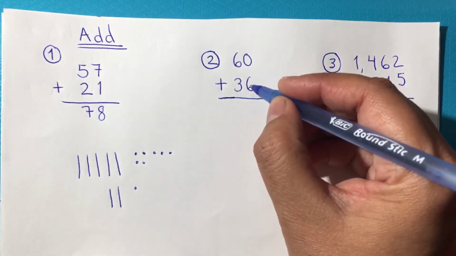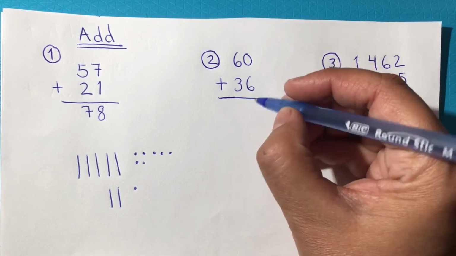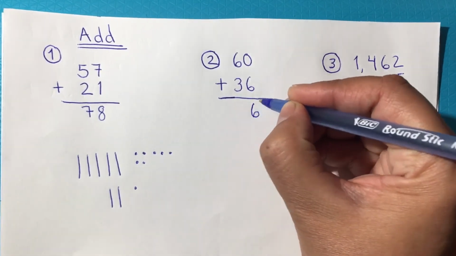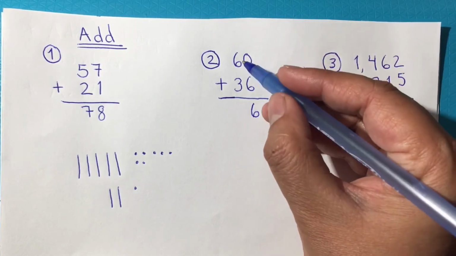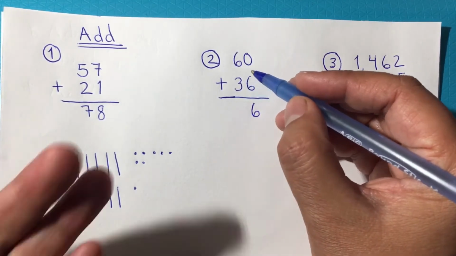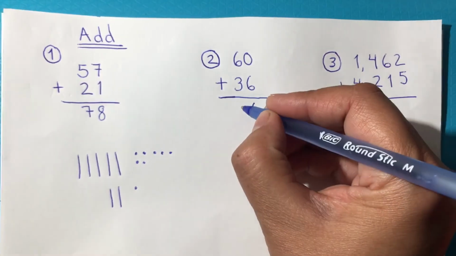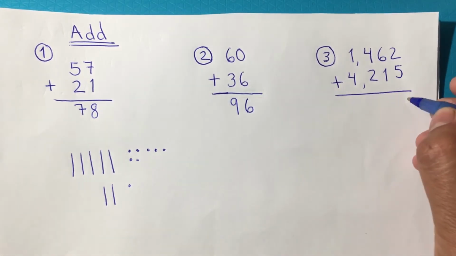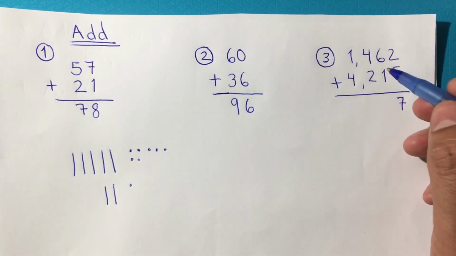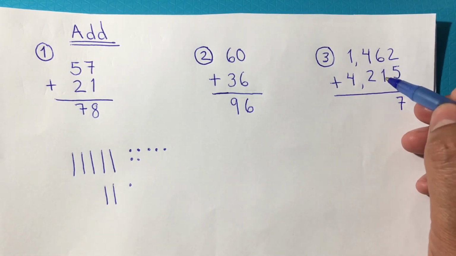For here, you just say 0 plus 6 is just 6. In addition, when you add any number to 0, it's just the other number. 6 plus 3, 6, 7, 8, 9. In here, you have 2 ones and 5 ones. You have 7 ones. You have 6 tens and 1 10.